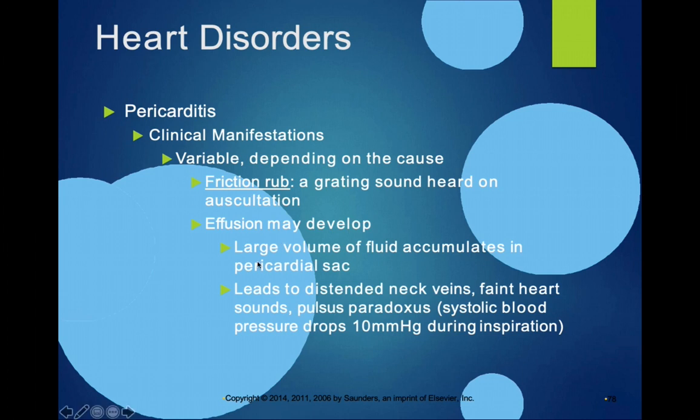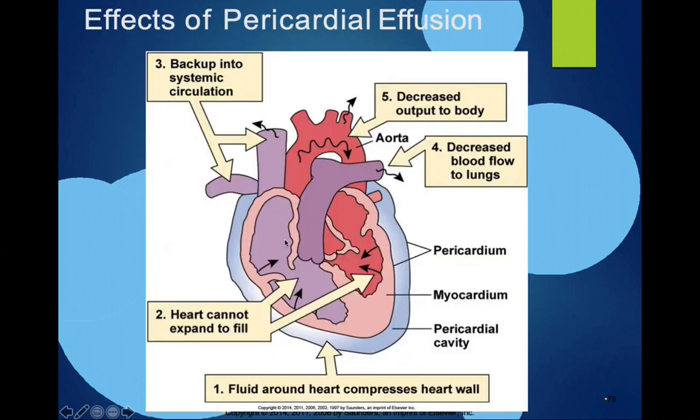With the effusion, a large volume of fluid accumulates in the pericardial sac, and that leads to distended veins in the neck and a faint heart sound. Let's see if I can show you where that is. Here's the endocardium, and here in the blue is the pericardial cavity. So we have fluid around the heart that compresses the heart wall.